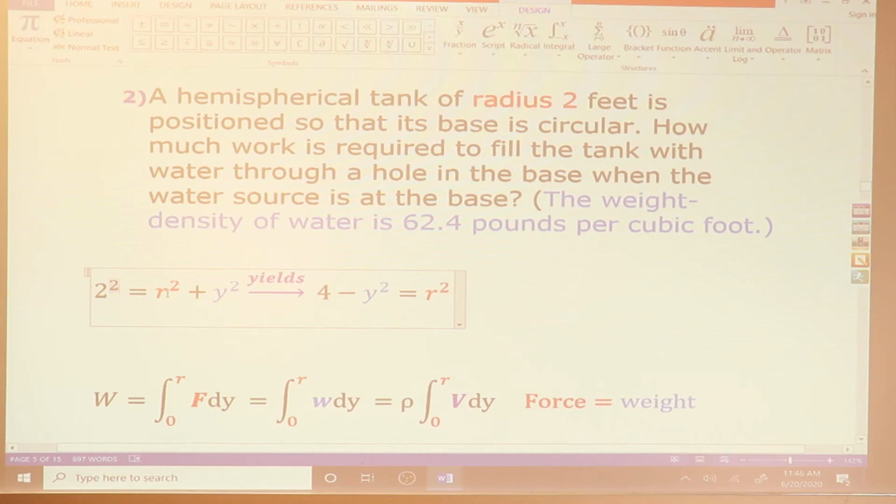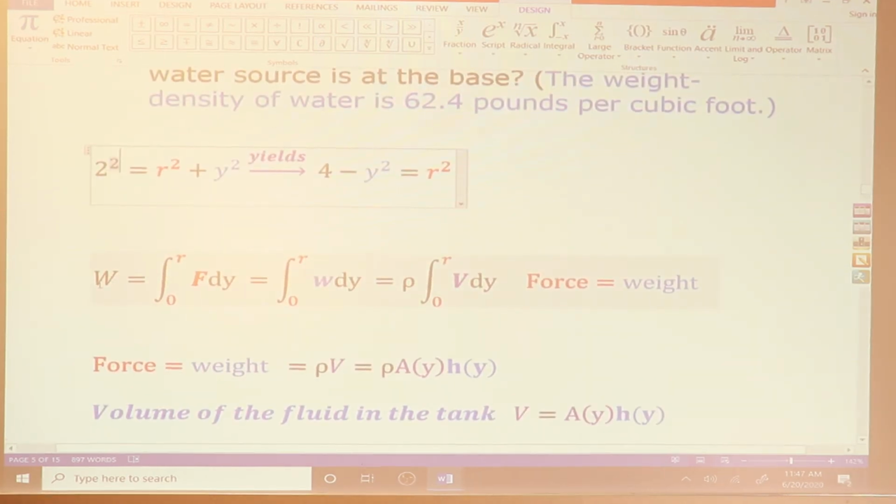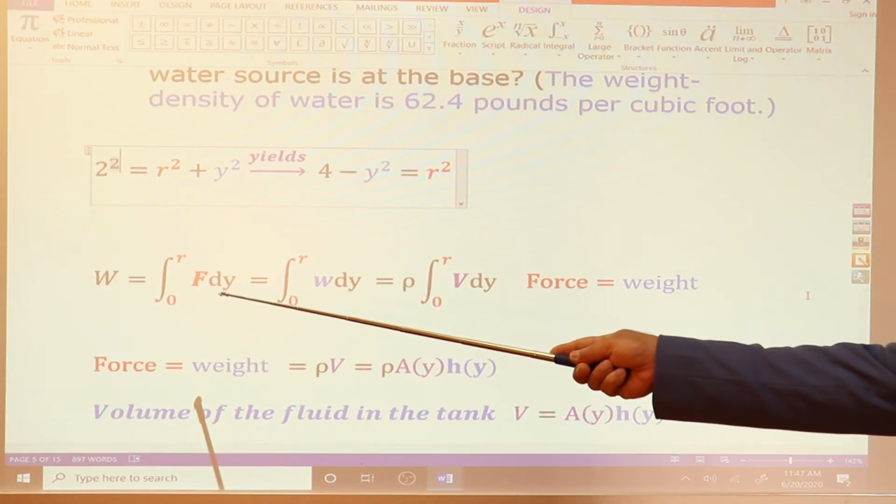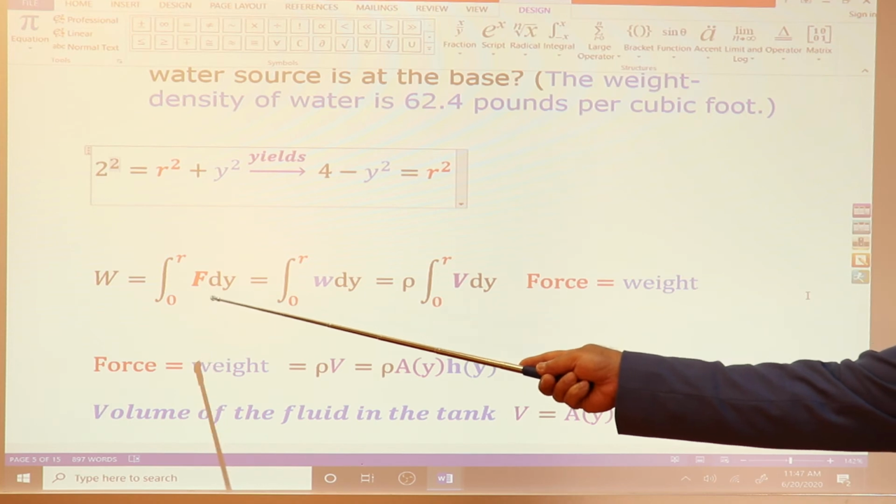R here is the radius you want to fill through the tank. Now, the formula you have to remember, the work done, we have to look here. I'm sorry, guys. Now, the work done here, we need it. This is the formula you have to memorize.